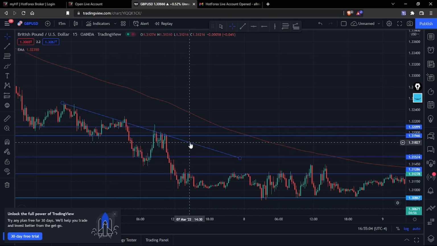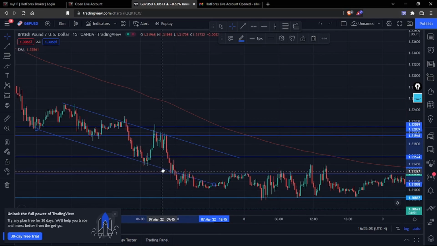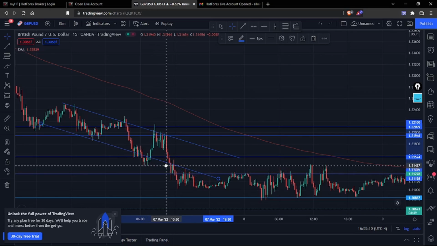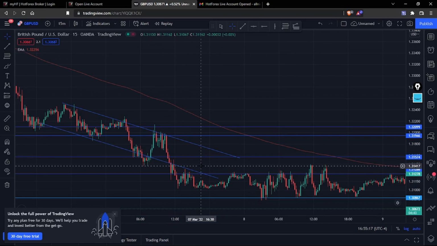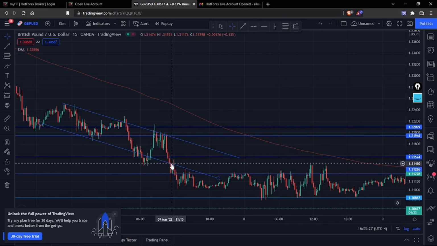and like I said, to know where we could have sold to, we simply drag it down and try to connect as many dots as possible, and we could have sold from here to here. Then when the price went back up here, we sell from here to here.